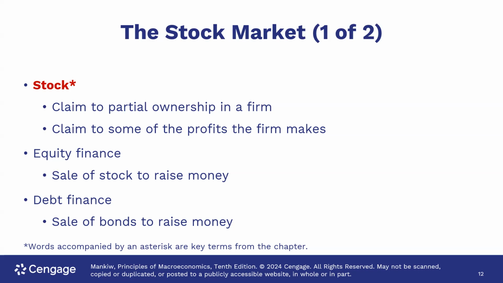So the cost to the firm now is the ownership instead of the interest rate. For the stock, the firm does not need to pay the interest rate. However, the firm needs to give up some of the ownership of the firm.